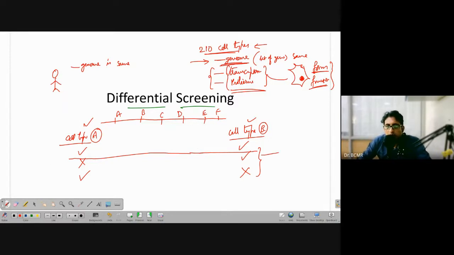The genes expressed in cell type B but not in A are the genes specific to B. You can call them B cell type specific genes. Okay, I'll write it that way.